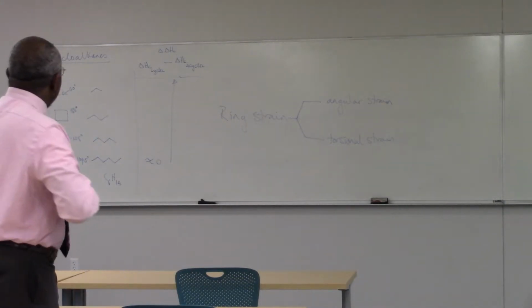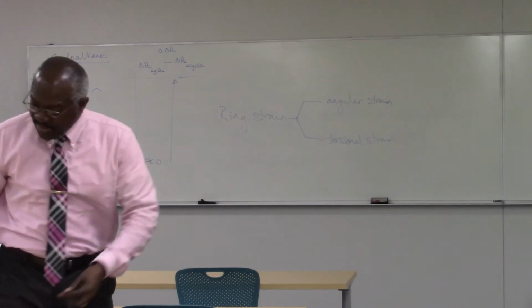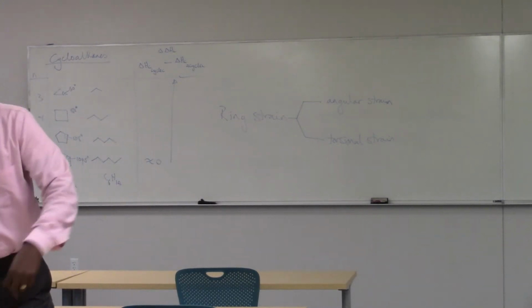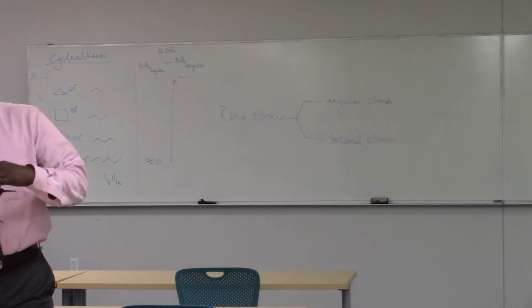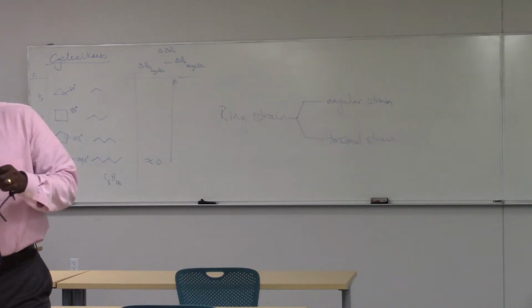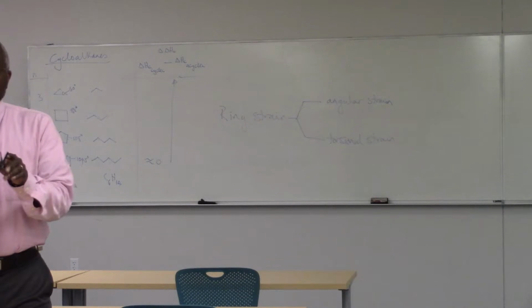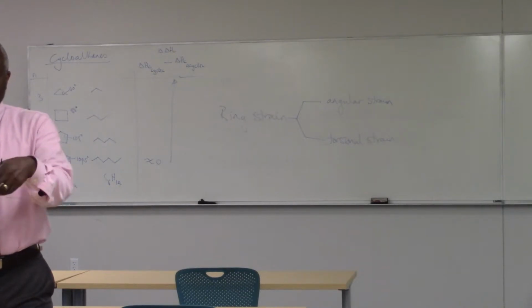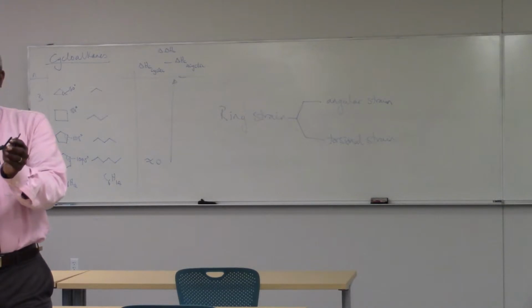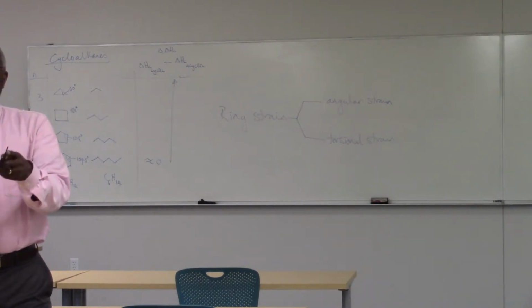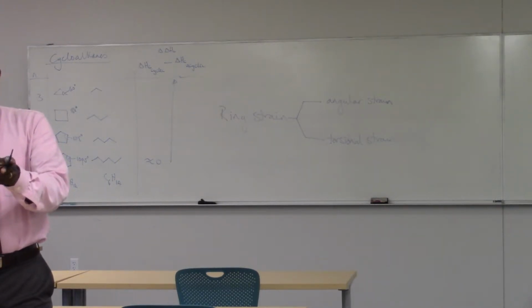Okay? Now, when I make cyclohexane, and you can obviously tell where this is going to some extent, first of all, if cyclohexane were flat, that would be bad because everybody would be eclipsed.